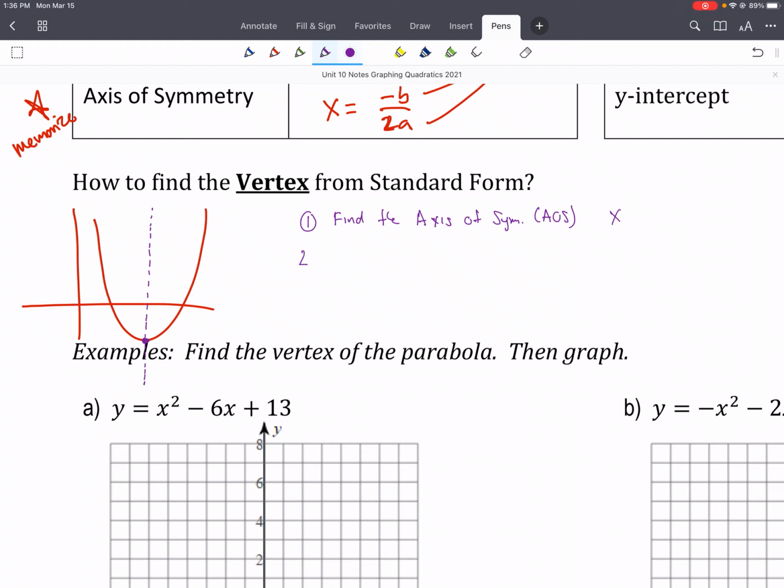The next thing we need is the y for the vertex. So to find the y for your vertex, all we need to do is plug the axis of symmetry into the equation.